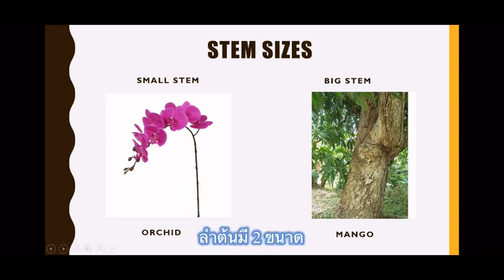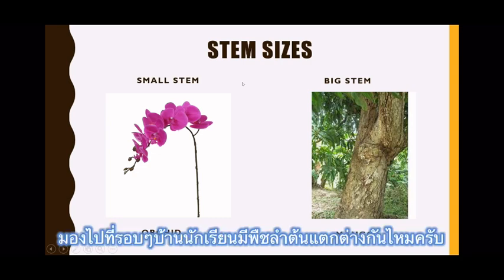There are two types of stem. The first one here is small stem, and the second is big stem. As you can see, look outside your house. If you have plants or trees, you can see different plants have different stem sizes.